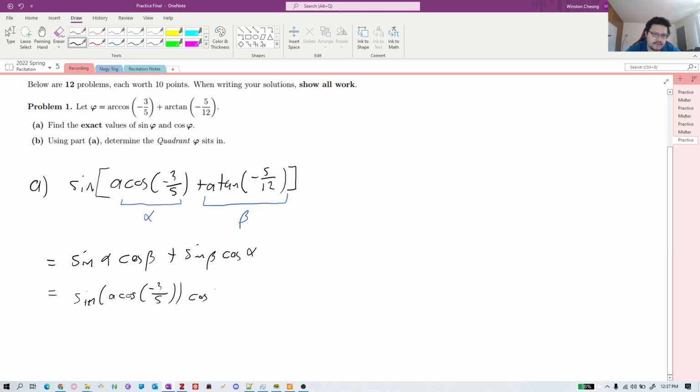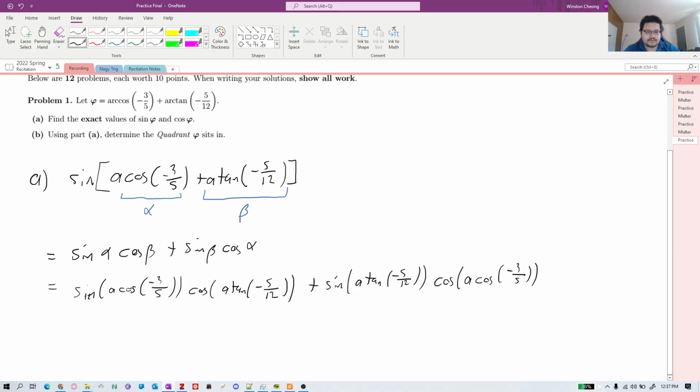Cosine of beta is cosine of arc tangent of -5/12 plus sine of beta, beta is arctangent of -5/12, and cosine of alpha, alpha is arc cosine of -3/5. So this is actually the expression that we end up getting, and we want to simplify this.